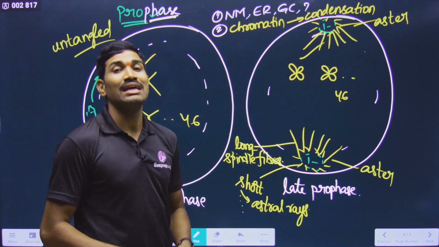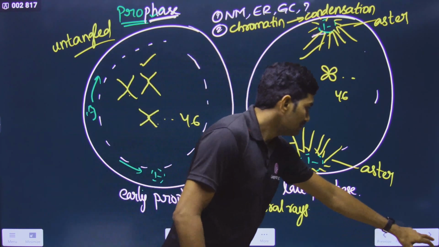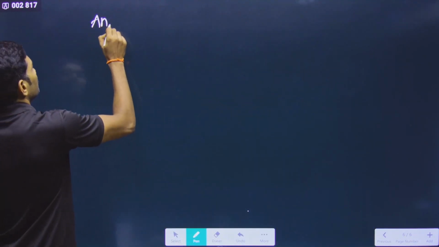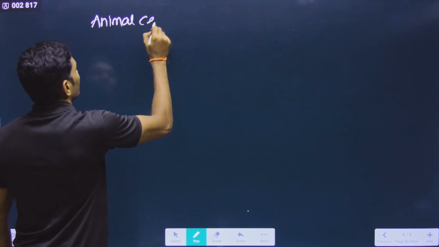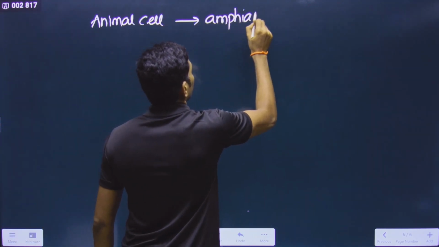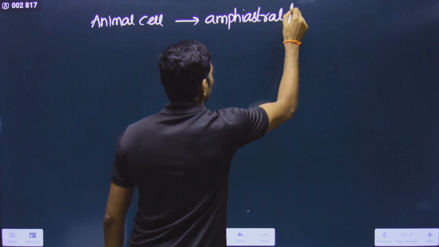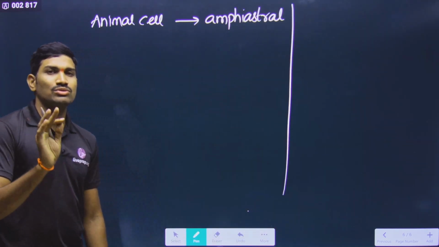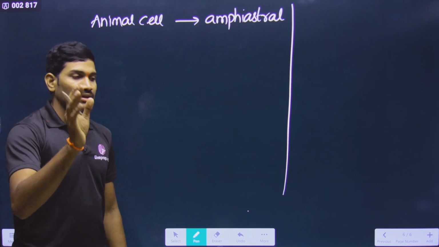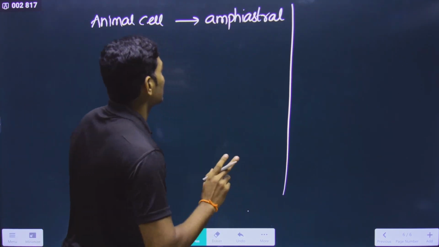That's why it is called amphiastral in the case of animal cell. If you still have any doubt, please go through the centrosome and centriole lecture from the Cell, the Unit of Life. There I have clearly explained all these things.